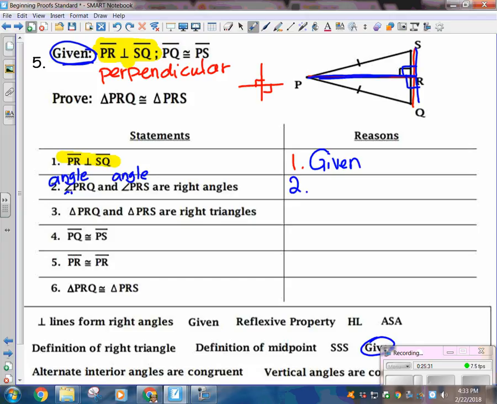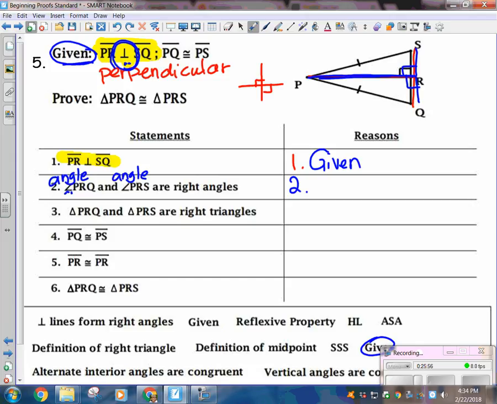So I need to know the reason. Now, remember how you have to say it out explicitly? They did not say in the given information that PRQ and PRS are right angles. But is that something we would know because they gave us perpendicular? It should be a logical conclusion. If they are perpendicular, my angles should be right angles, correct? Because that's pretty much what we mean.